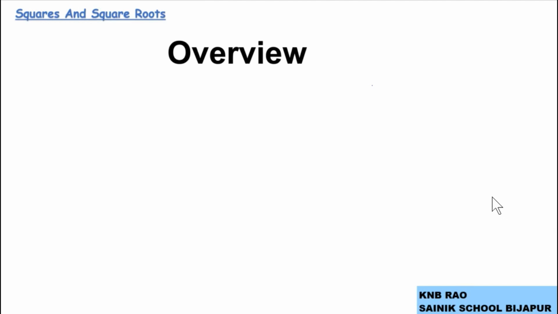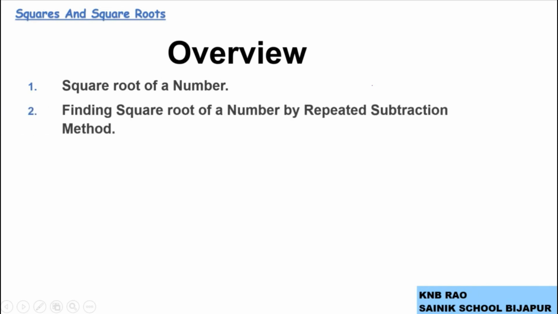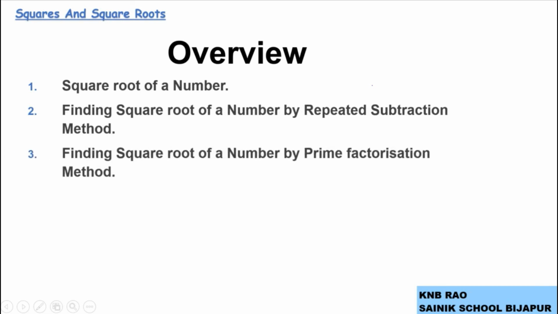We learnt in sessions 14, 15 and 16 finding the square root of a number, finding the square root of a number by the repeated subtraction method, finding the square root of a number by the prime factorization method, and applications of finding the square root of a number by solving exercise 6.3. So with this, I will conclude this session.